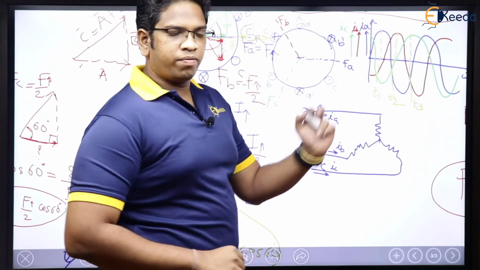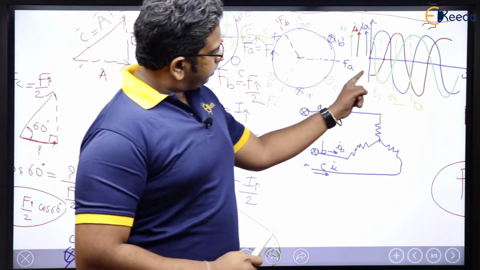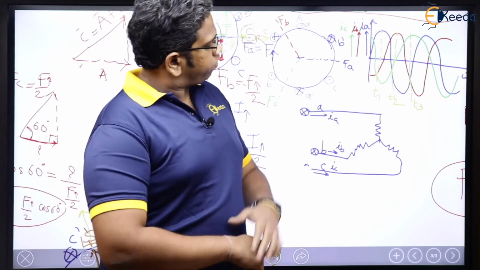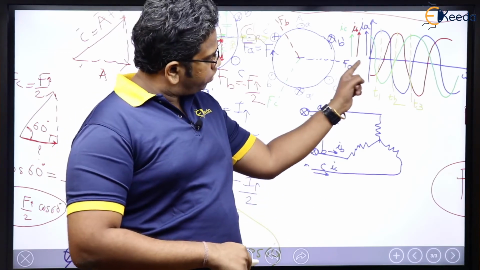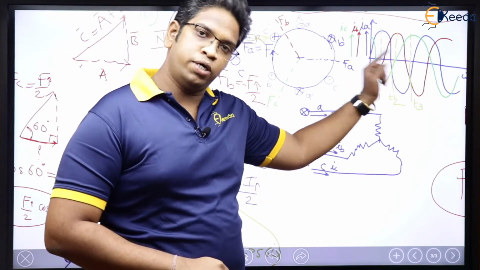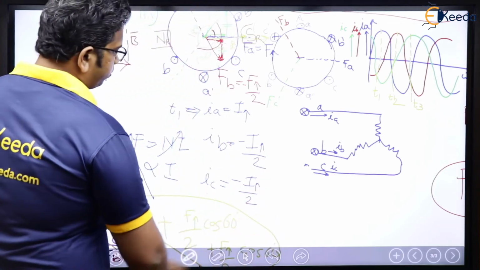What is the displacement between T1 and T2 in time? In time, if you start from T1, you will have to wait for 120 degrees in order for T2 to come, right? Now, see here.